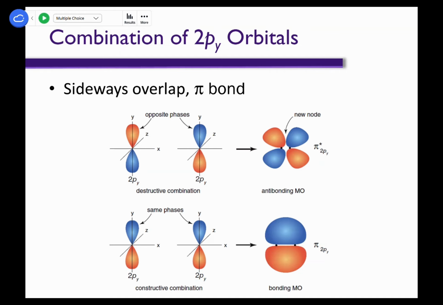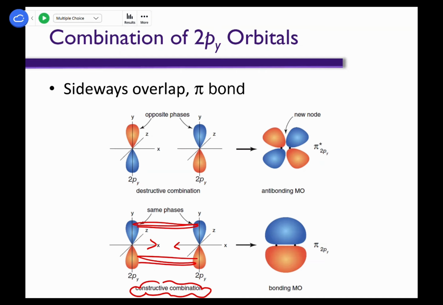I'm going to start at the bottom of the page to show the constructive combination. And that's when these are coming into contact with one another, and the same phases are going to overlap. So the red and the red, the blue and the blue, and they're going to make a new orbital that combines the in-phase region above the nodal plane and the in-phase region below the nodal plane.